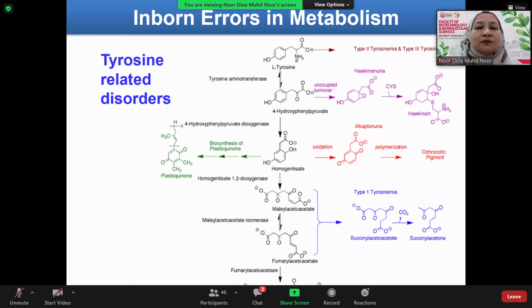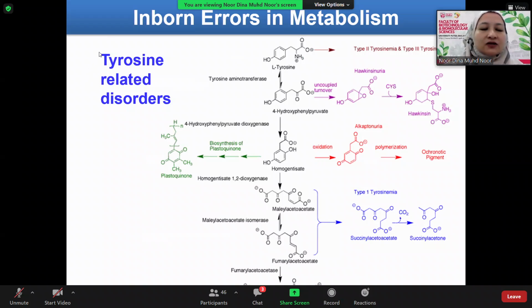Okay, there is no cure because it's inborn errors. It comes from the gene itself. So basically, if someone gets this kind of inborn errors disease, they just have to take precautions. They just have to control their diets, to prevent the disease from getting worse.